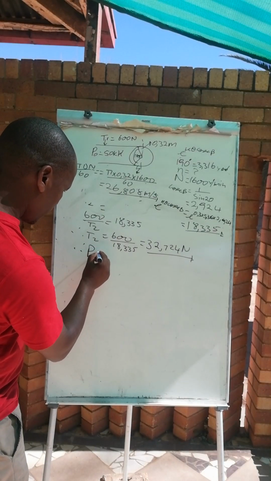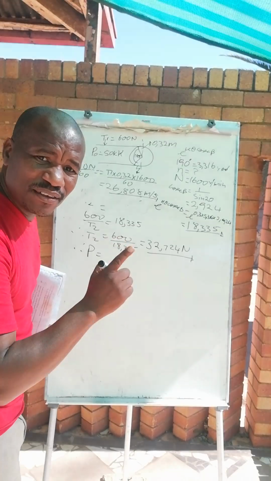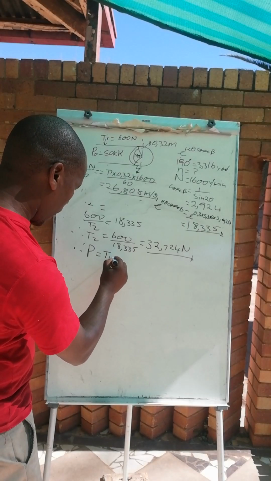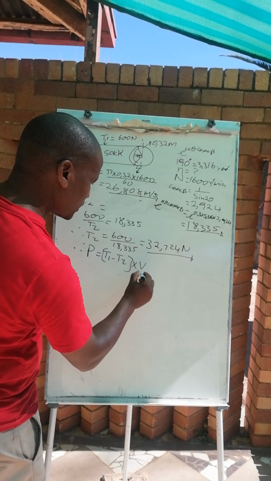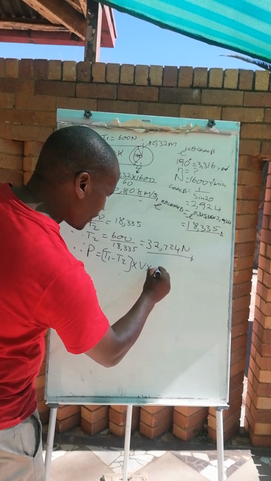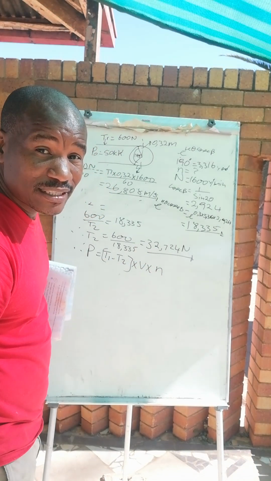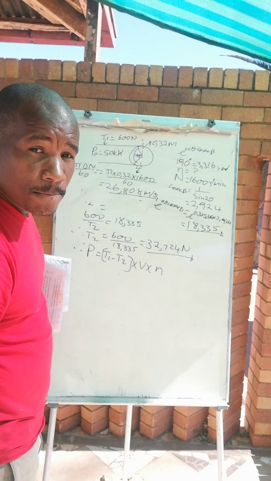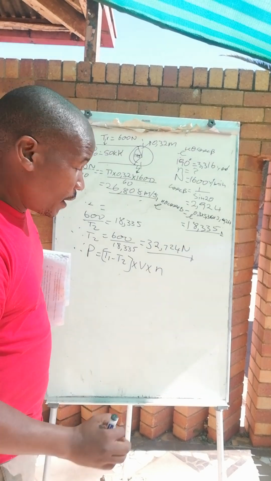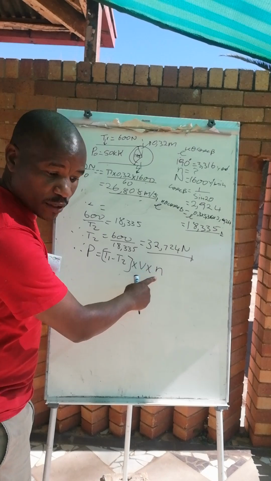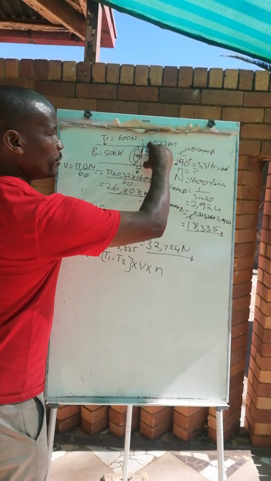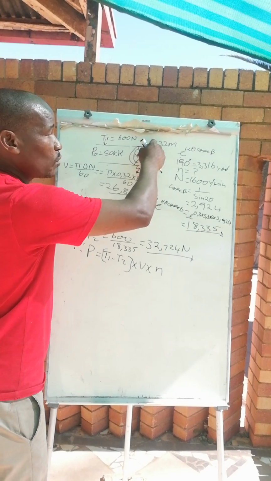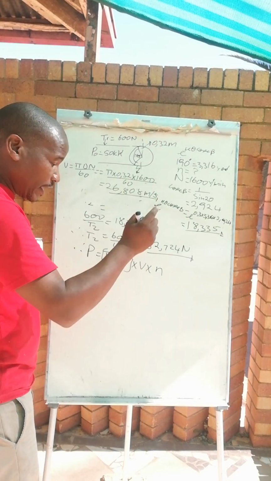Power is equal to the effective tension, which is T1 minus T2, multiplied by velocity, multiplied by the number of belts. And you were requested to calculate the number of V belts that should be connected to the grooves of these pulleys.